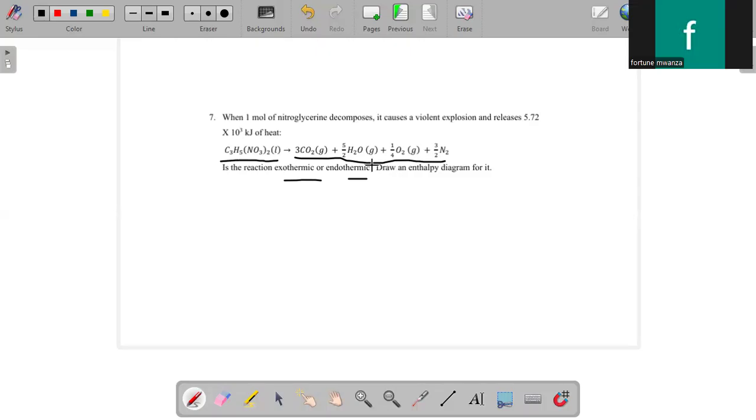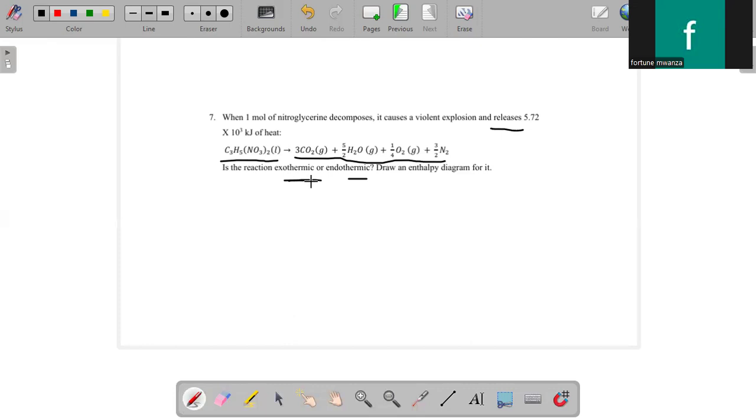Now for us to know whether the reaction is exothermic or endothermic, the key word here is releasing. When in a chemical reaction energy is released to the environment, it means that reaction is an exothermic reaction.